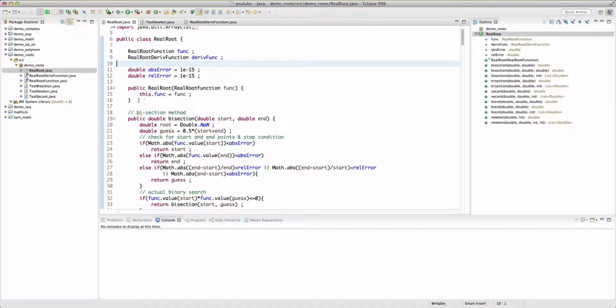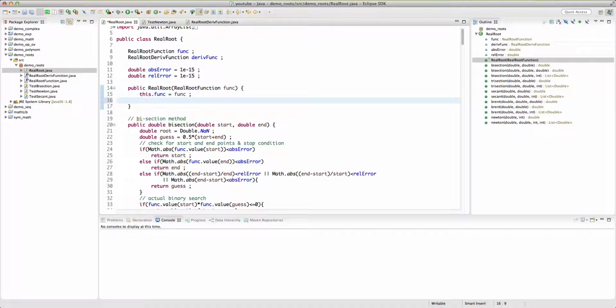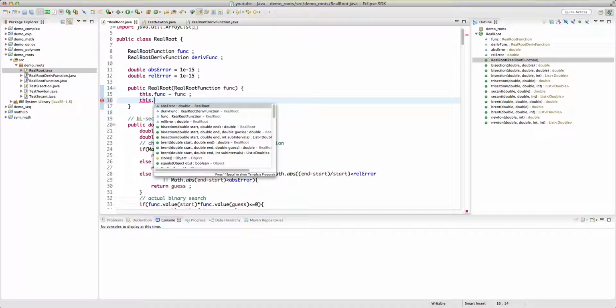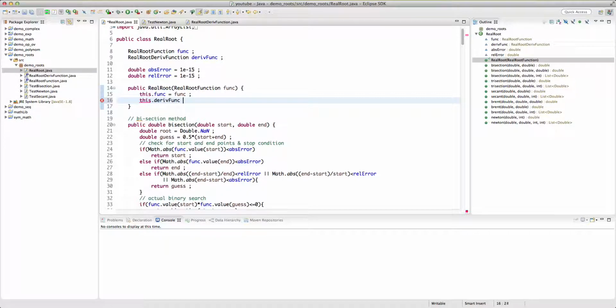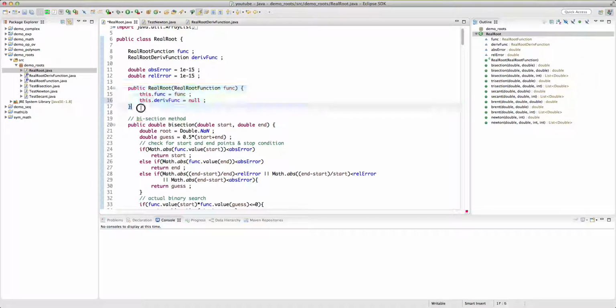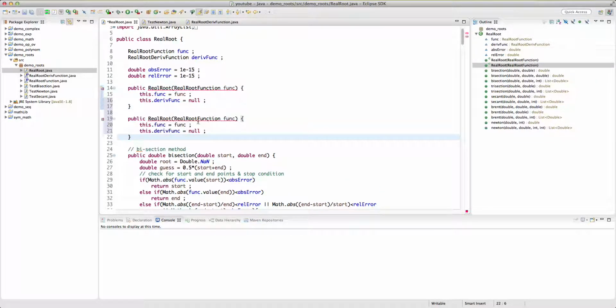Okay, and then I can overload the constructor. So if I pass the real root function, I use the real root function and make the deriv function null, which by default is null. But then I can have another overloaded constructor and pass the real root deriv function, deriv func.